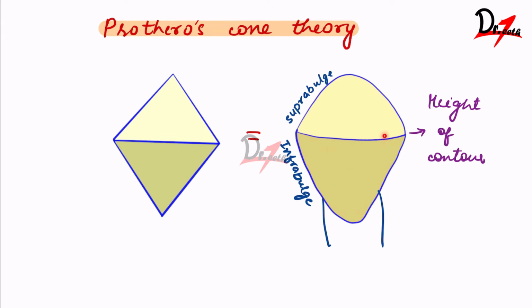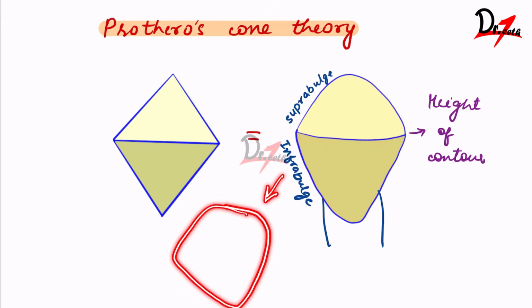Now this height of contour is the junction of the occlusal and the cervical convergence. When you see this tooth from the occlusal view, and we have the anatomy, this greatest diameter of the crown is the height of contour. And why are we seeing it from the top? Because that is the proposed path of insertion.